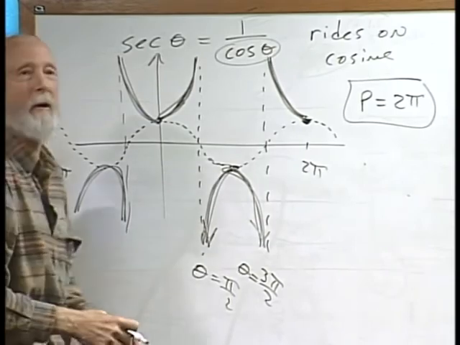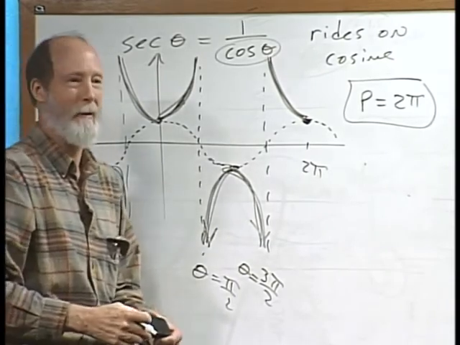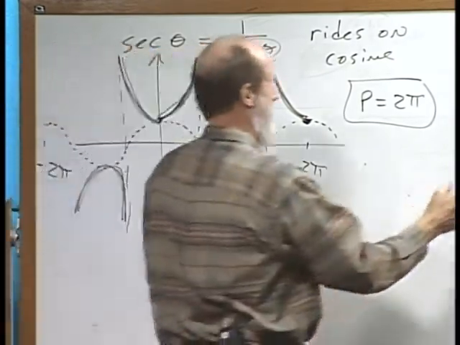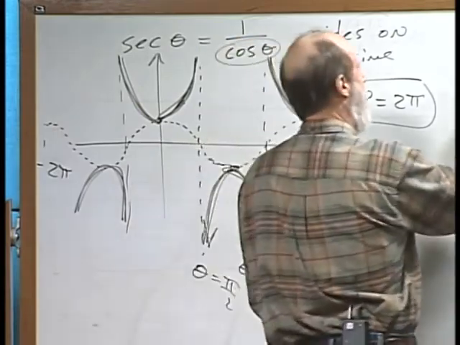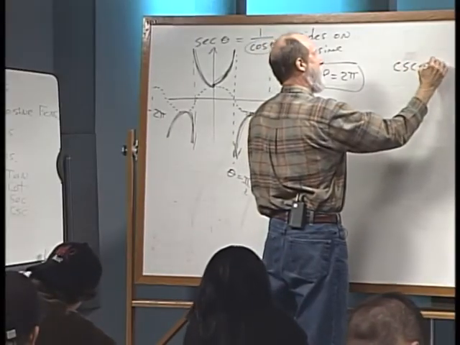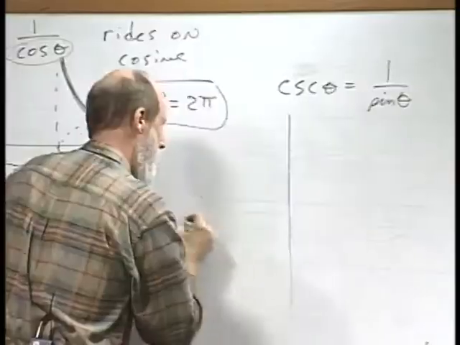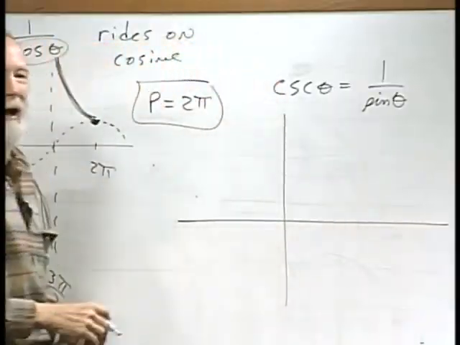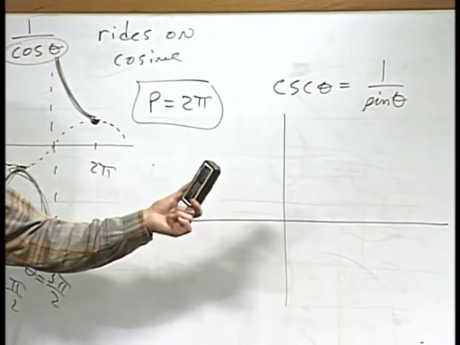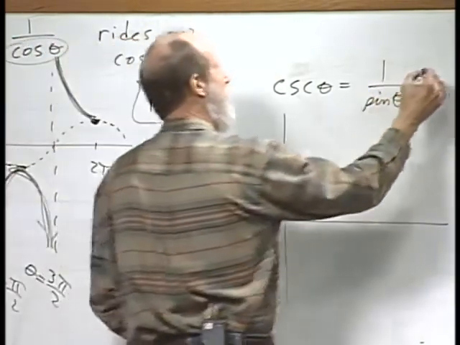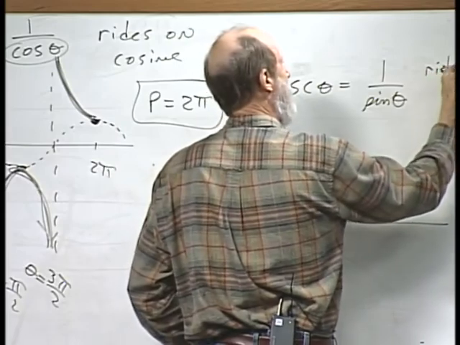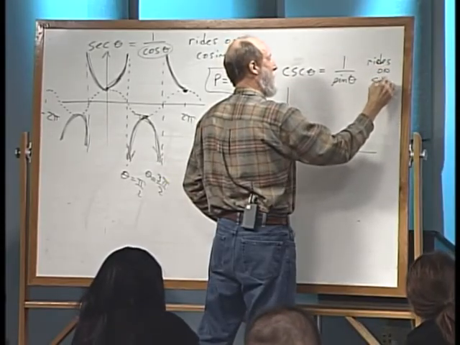So in 30 seconds, we can end this. One last quick sketch. What about the cosecant graph? Rides on the sine wave. Rides on sine.